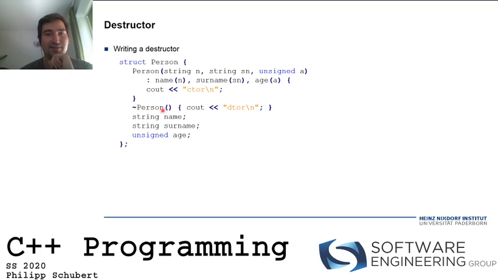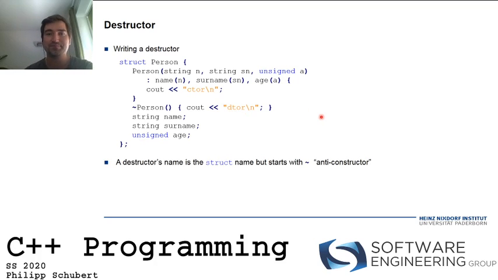So it's basically not a constructor, the so-called anti-constructor, or destructor. That should be the meaning of that tilde. And we just have it printing dtor to the command line. Again, we can associate a piece of code with the destructor that is executed whenever the destructor is called, and we have that piece of code here just printing dtor to the command line.